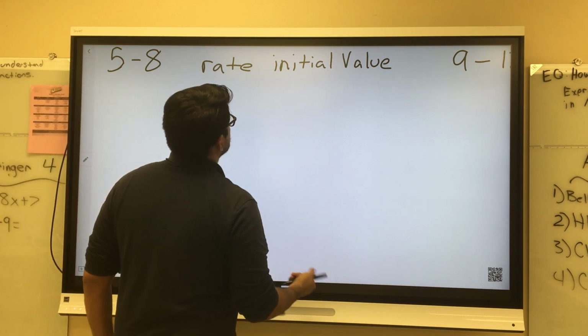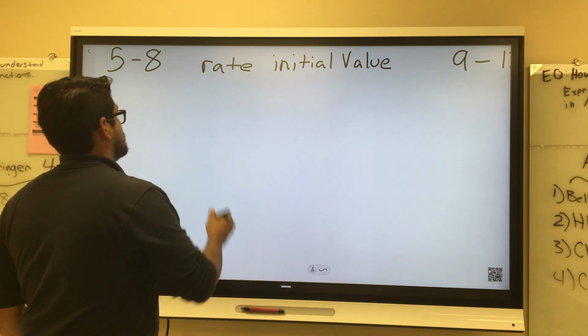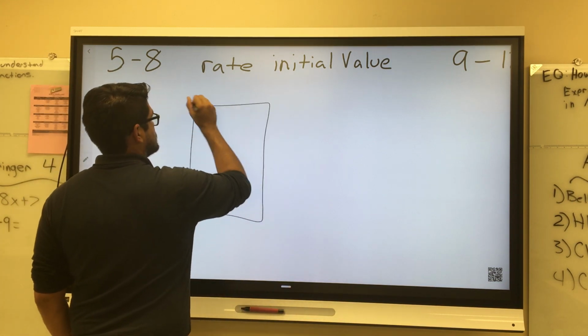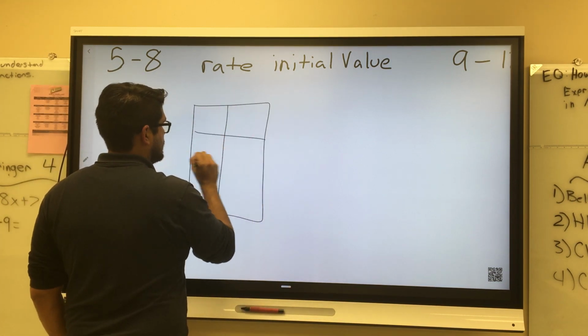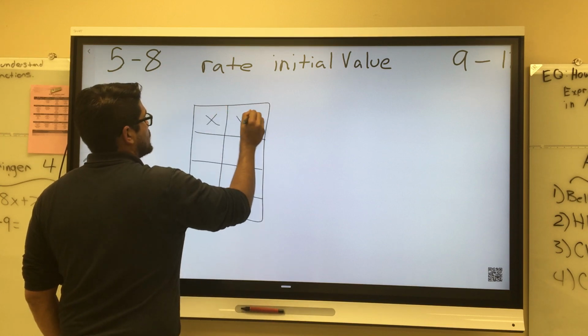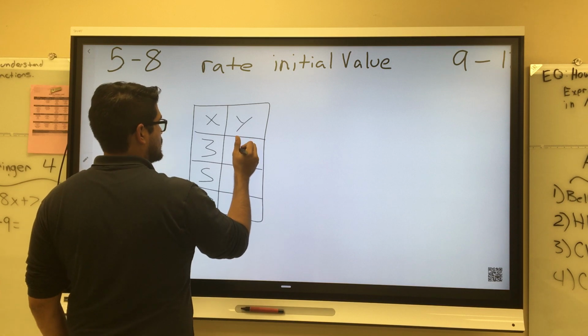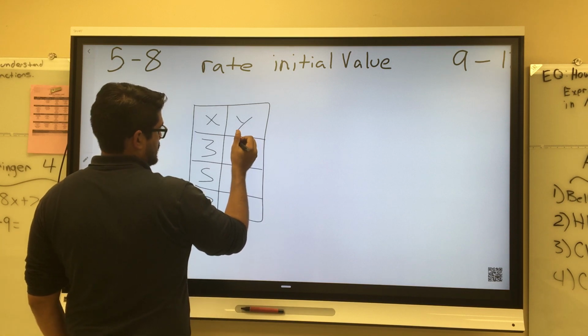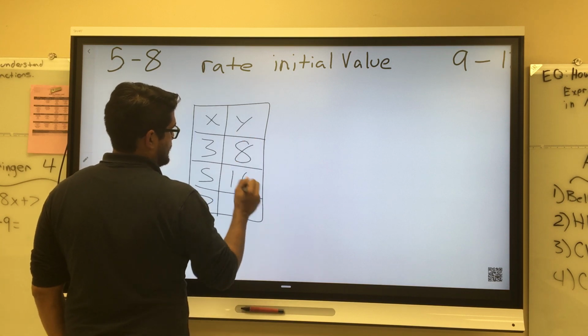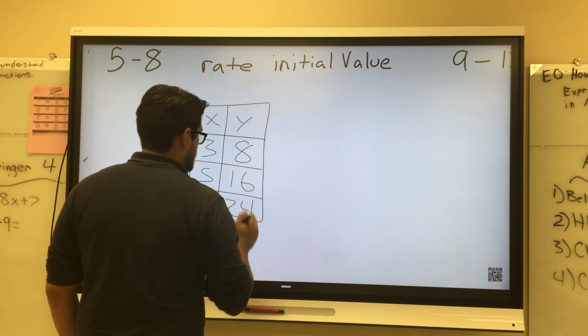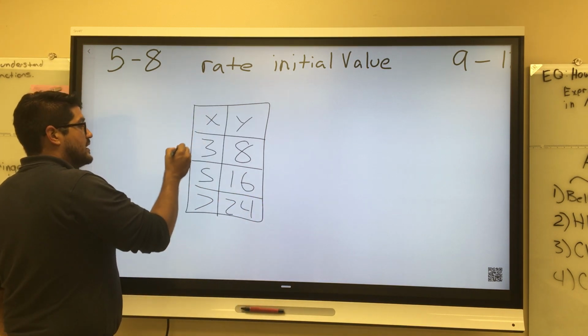Okay, so let's do a chart. So these are all functions. You're just telling me what the rate is. So let's say it's 3, 5, 7, and this is 8, 16, 24. So how is 3 turning into 5?